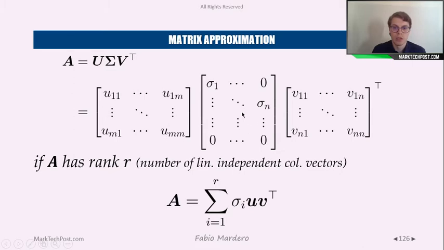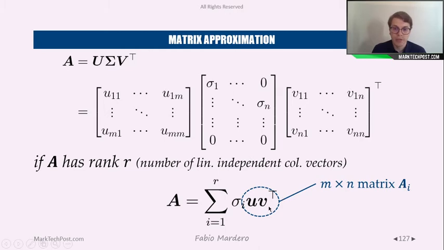Since these terms are all equal to 0, if A has rank r, so the first r column vectors are linearly independent, we can write A as the sum of sigma i times the multiplication between the vectors u_i and v_i transpose, because elsewhere sigma is 0.